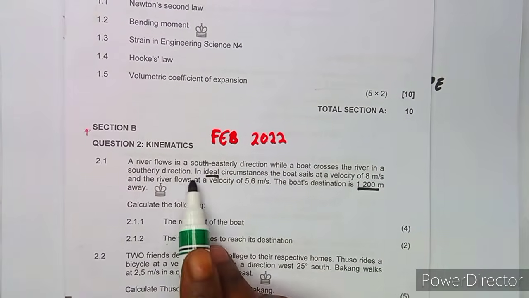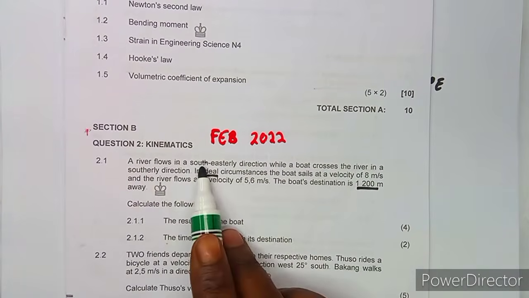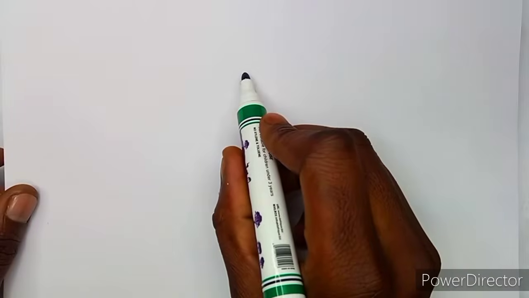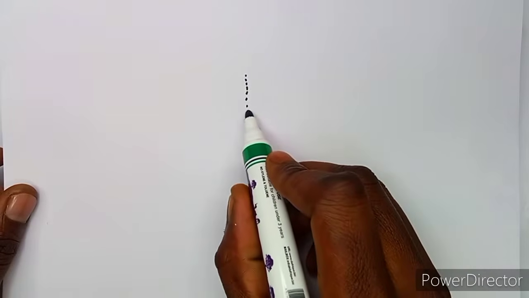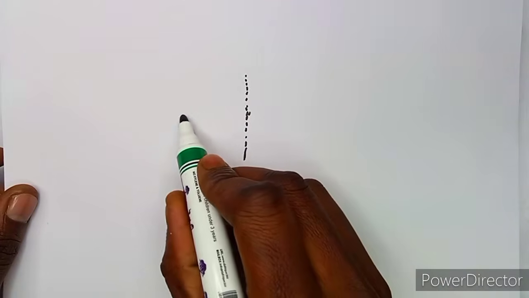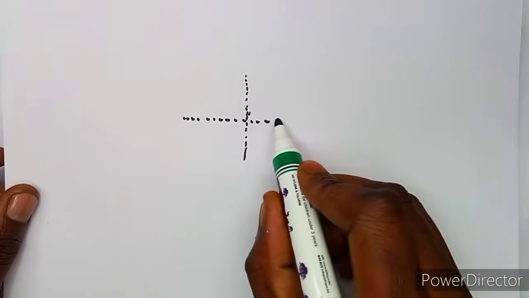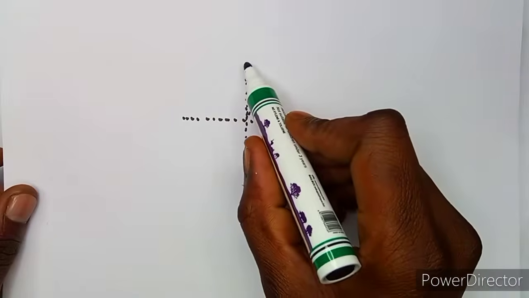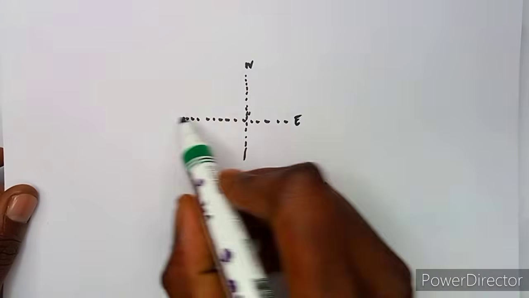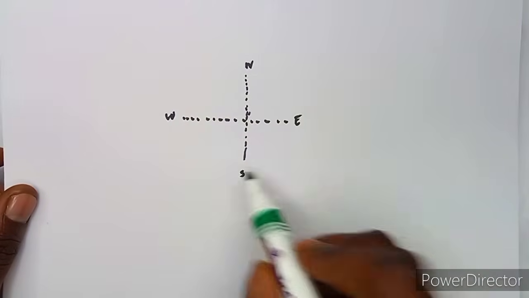We said the river is flowing in the southeasterly direction. Let's have a sketch of what is happening here. Normally, let's say we have our north and the North Pole. Remember, this is our east, this is our west, and this is our south.